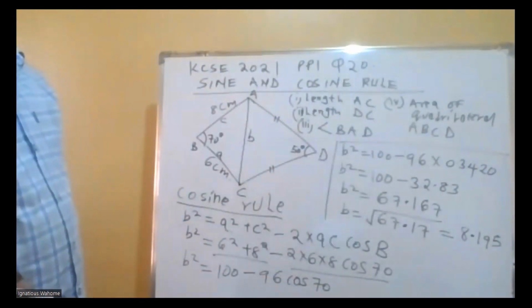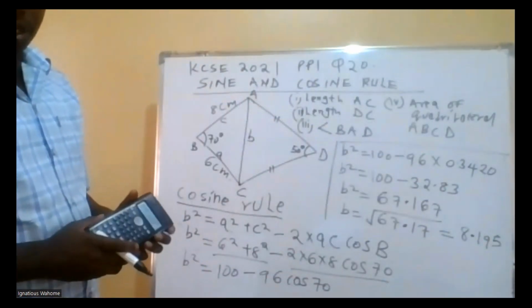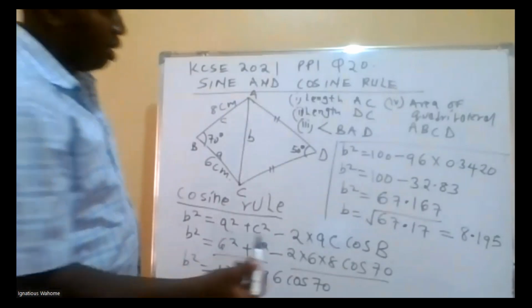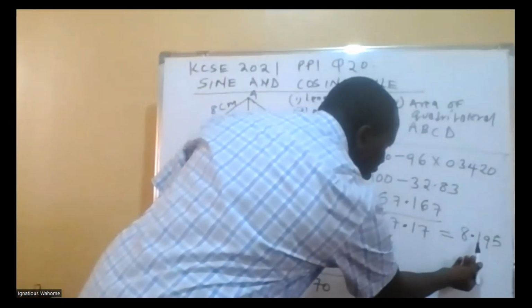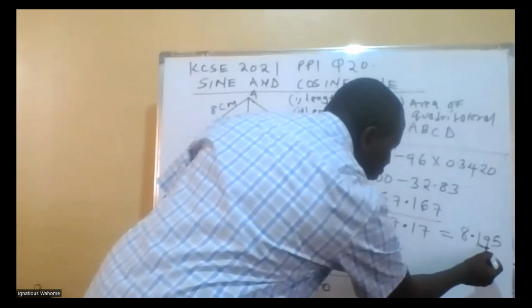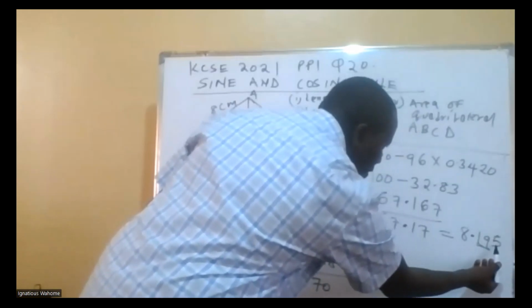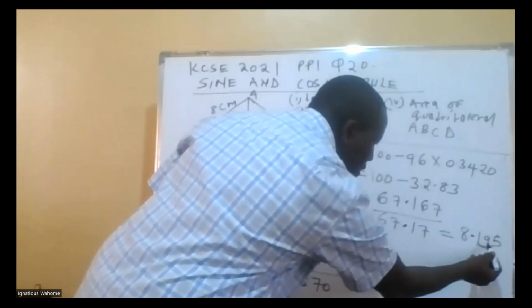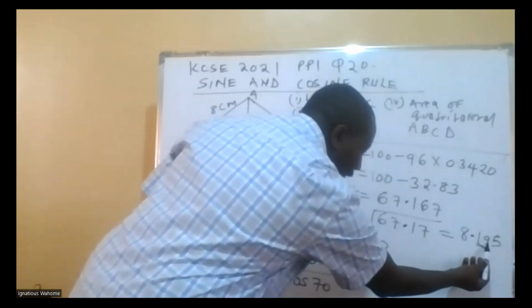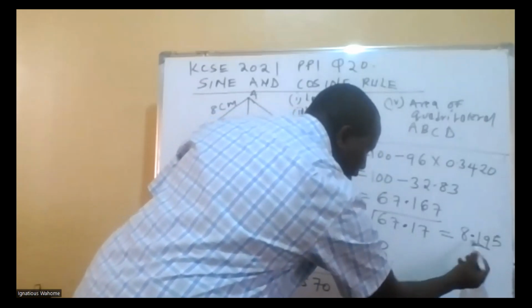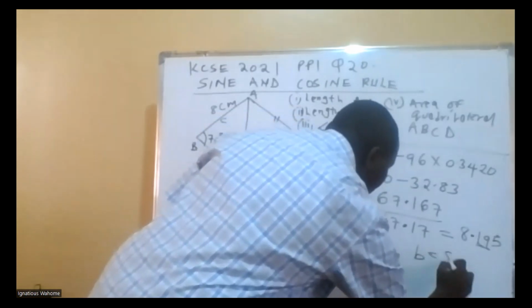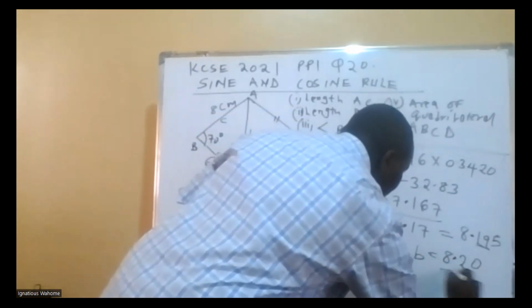Giving your answer correct to two decimal places, you check the third decimal place, which is 5, so it rounds up. You add 1, 9 plus 1 gives 10, you carry 1, and you get that b is equal to 8.20.